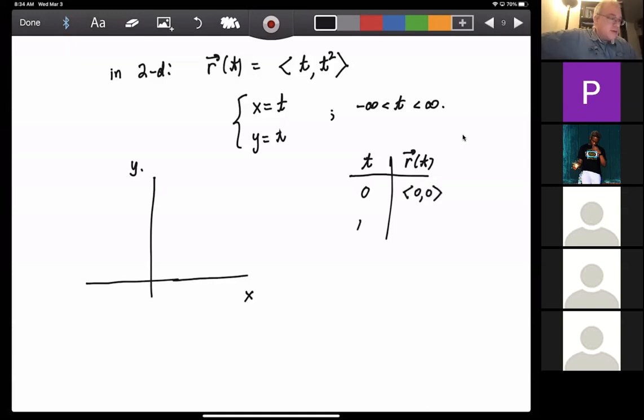When t is equal to 1, we're at 1, 1. When t is equal to 2, we're at 2, 4, and so on. So we can think of a function in terms of a table like this of values.